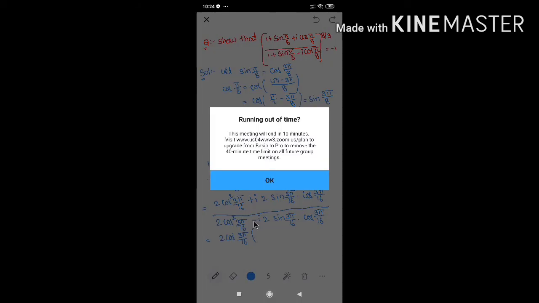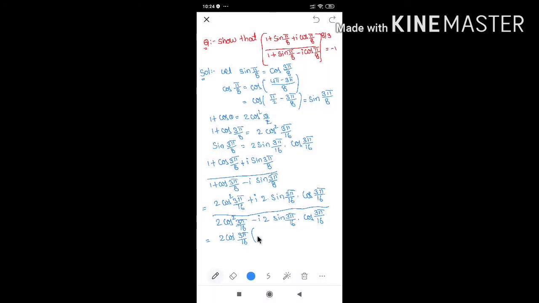So here we got the remaining value, cos 3 pi by 16 plus i sin 3 pi by 16, that is our numerator value, divided by the denominator, same thing: 2 cos 3 pi by 16 times cos 3 pi by 16 minus i sin 3 pi by 16.